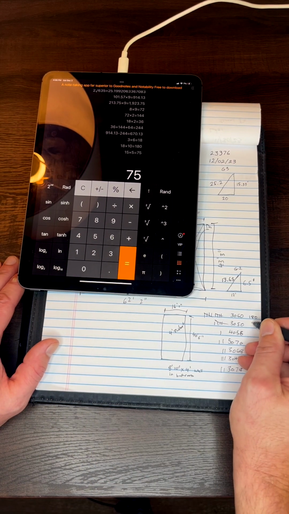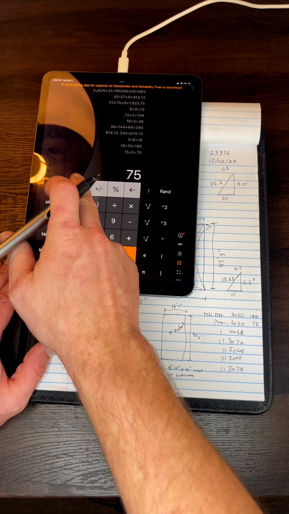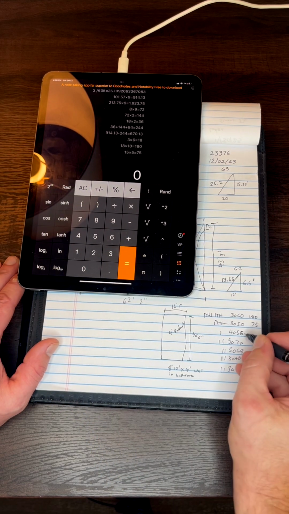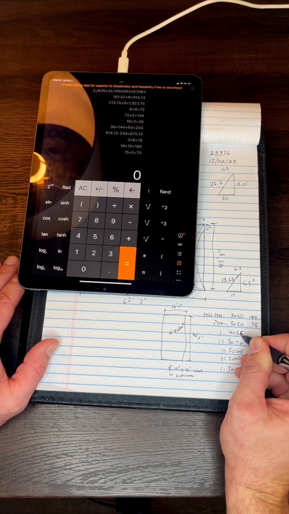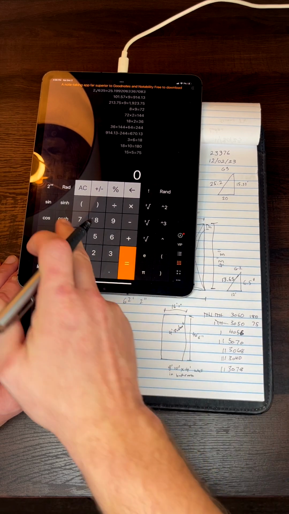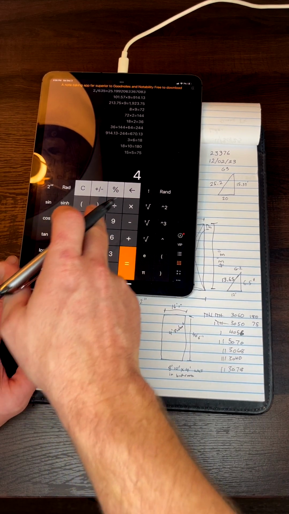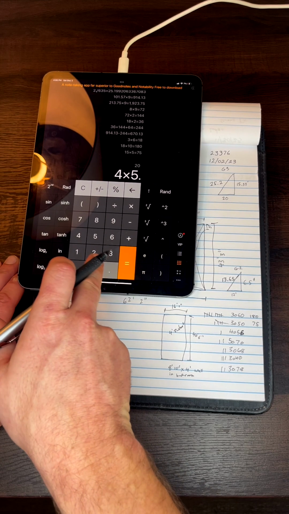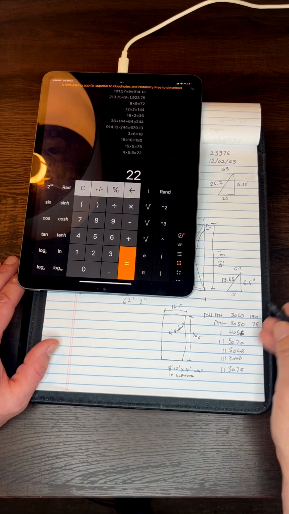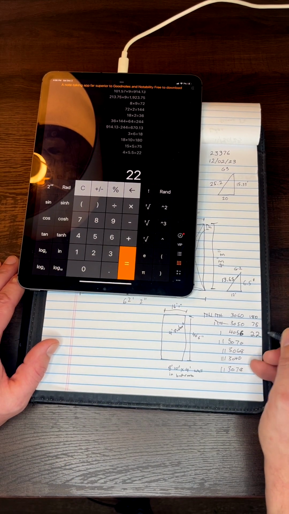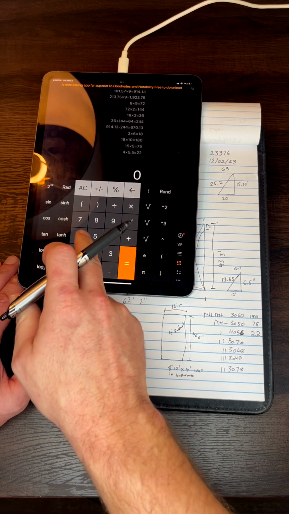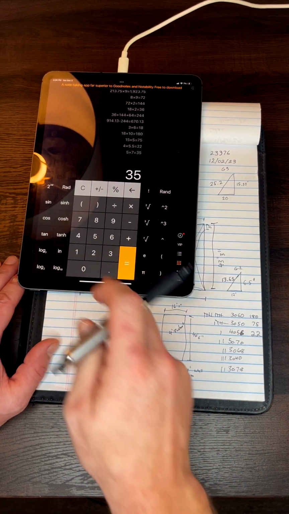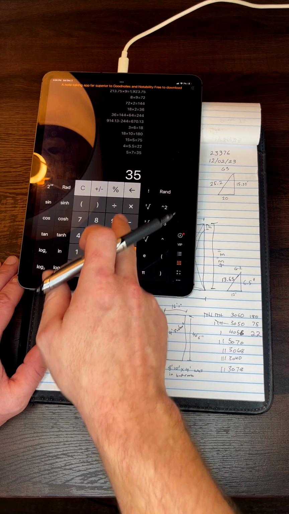It's going to be 75. A 4065, so this is our 6. Anyway, 4 times 5.5 equals 22. There's only one of those. 5 times 7, 35, there's 2 of those.